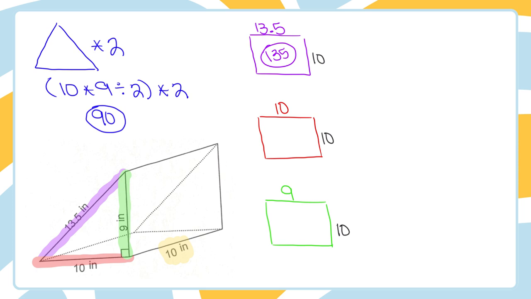Marley? 100. 9 by 10. Jimmy? 90. What's my last step in finding the full surface area? You have to add all the areas together plus the area. Very good. The area of the triangles plus the area of all 3 rectangles.